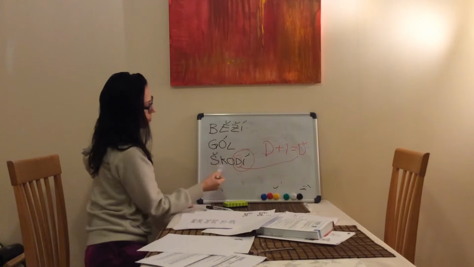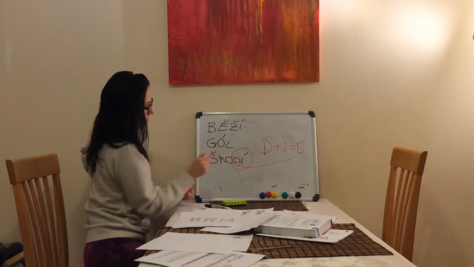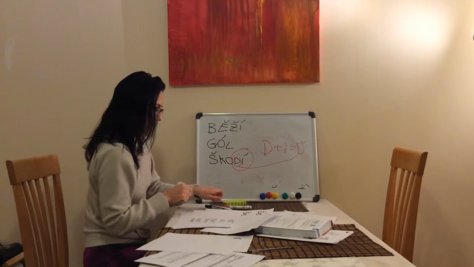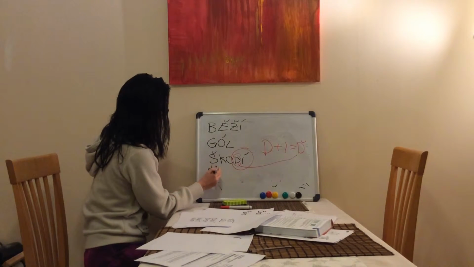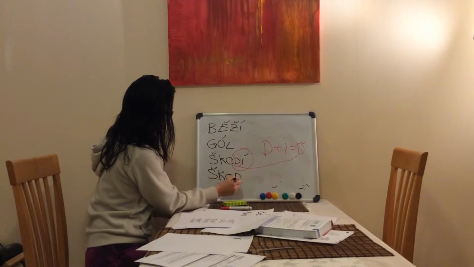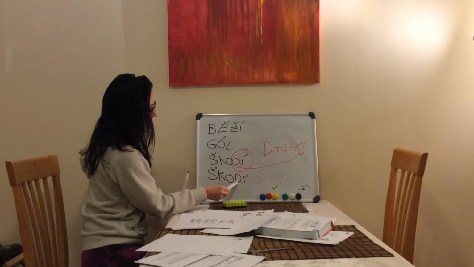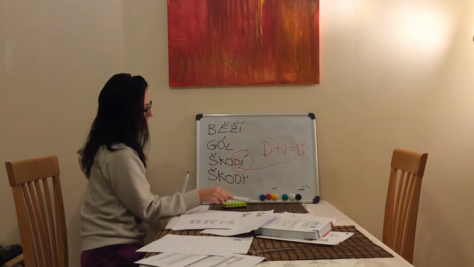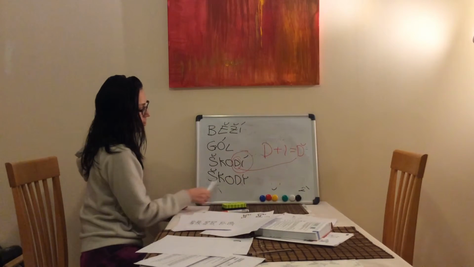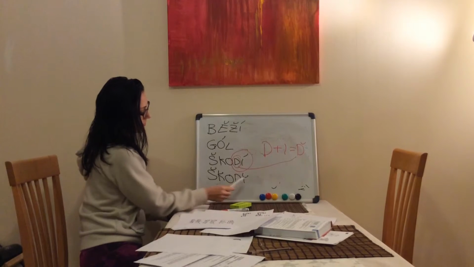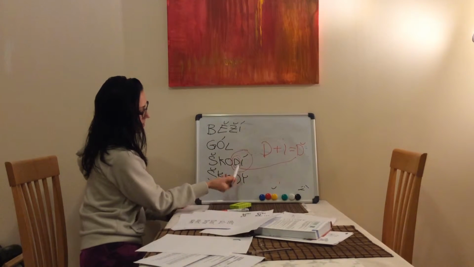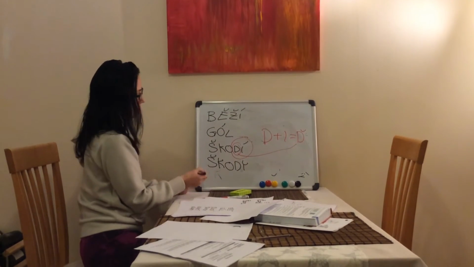So it's not just škoď, but škodí because of the last letter. Now we have this. Here, D plus Y doesn't change anything. So this would be škody. And the Y is pronounced the same as I. So škody.